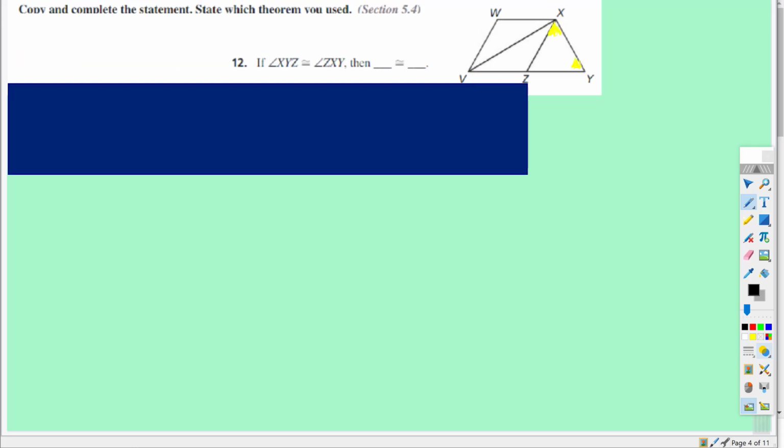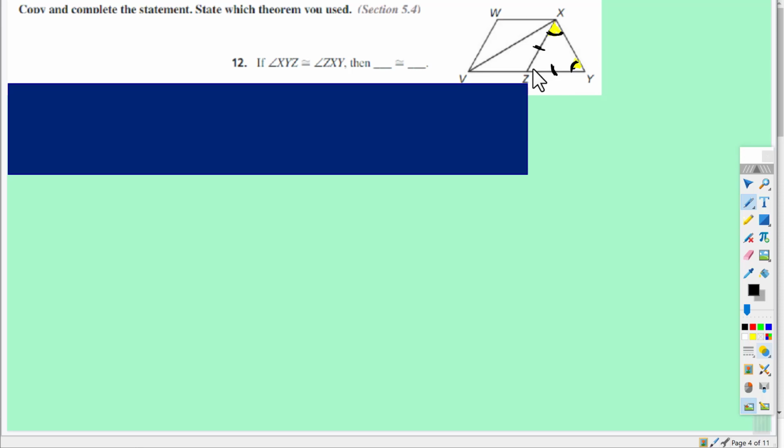And then the same is going to be true here. We have angle XYZ, so this angle right here, is congruent to angle ZXY. I think I might have done this angle in the lesson. But anyway, that means here are the two angles, so these sides are congruent.